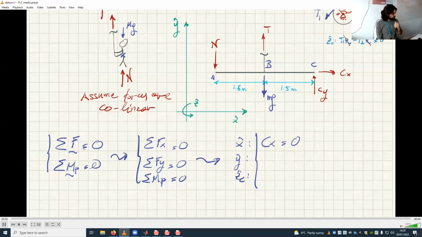That's it. For the y-axis, we have negative N, because N is going against the y-axis. So positive T, negative N, negative Mg, positive Cy. In order, this would be minus N plus T minus Mg plus Cy equal to 0.